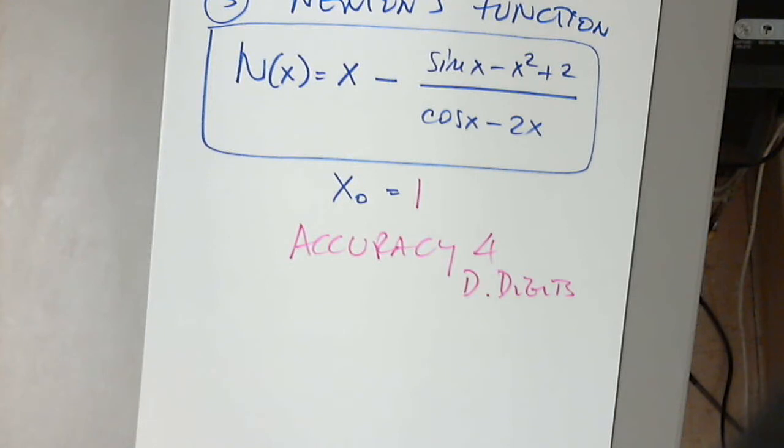Close the parenthesis, minus 2 times x, close the parenthesis, and after you're done, get out of there with second and quit. Please, second and quit. Okay.